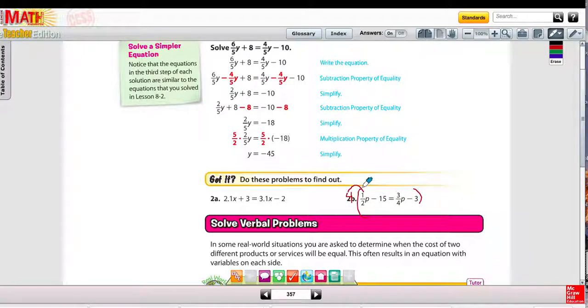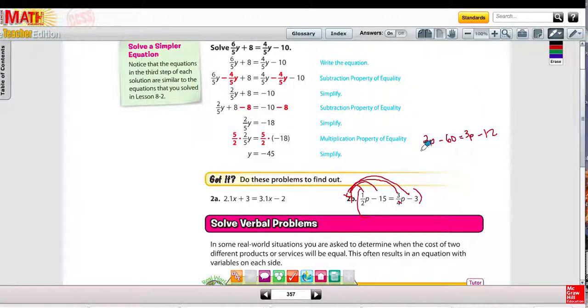What's 1/2 of 4? 2. So you have 2p. 4 times negative 15 would be negative 60 equals, what's 4 times 3/4? Well, the 4's cancel out and you're left with 3p. And then 4 times negative 3 is negative 12 or minus 12.